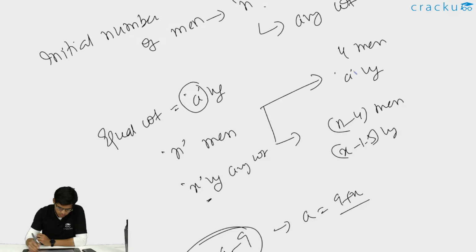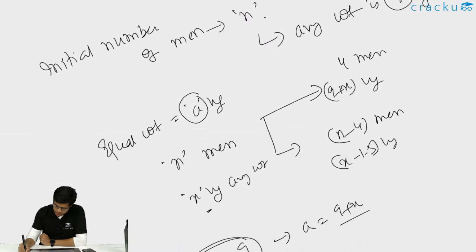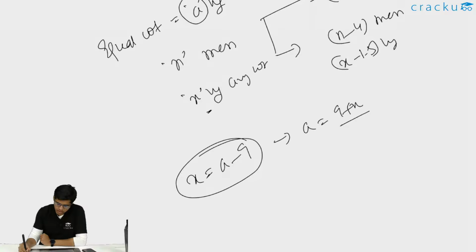So this a will be 9 plus x. So basically n men had average weight of x, 4 men have weight 9 plus x, and n minus 4 men have average weight of x minus 1.5.